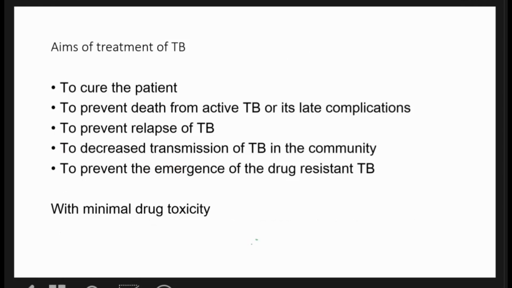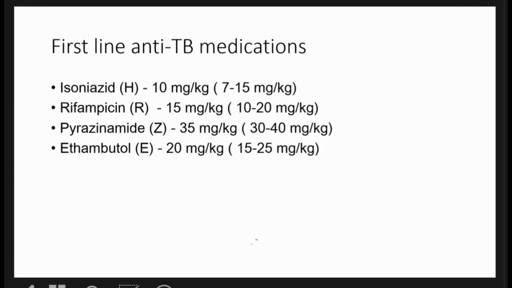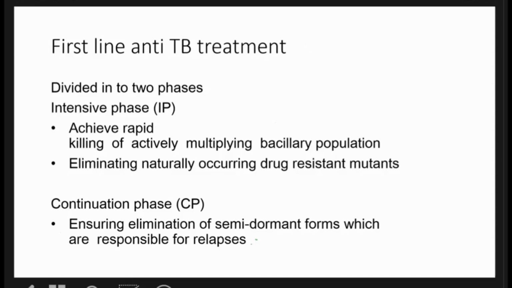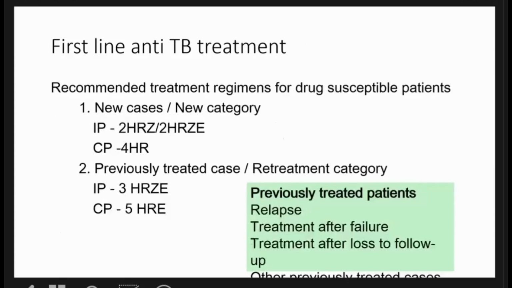As in adult practice, the aim is to cure the patient, prevent death, prevent relapses, decrease transmission to the community, as well as prevent emergence of drug resistance, with minimum drug toxicity. The drug doses are a little bit higher in pediatrics compared to adults because the metabolism is high. As in adult practice, we divide the treatment into the intensive phase and the continuation phase.